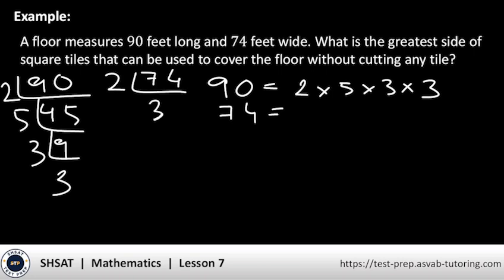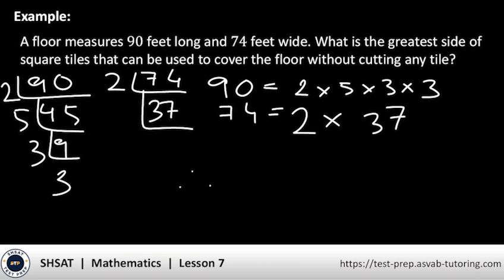Wait, did I do it correctly? 2 times 37. Yeah. And then if I look at 37, what can 37 really get divided with? Wait, 37 is a prime number. It doesn't get divided with anything. So it's just 2 times 37.